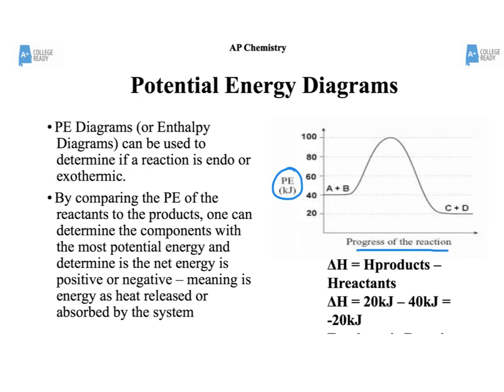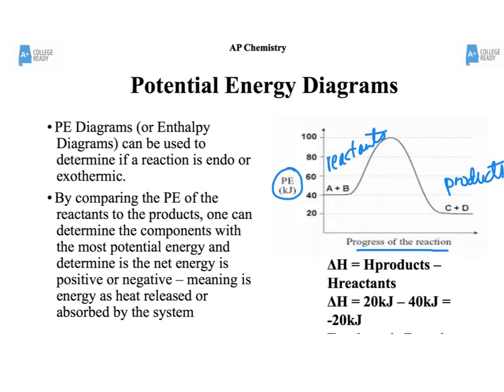What do we start with when we are beginning a reaction? Well, these are the reactants. And over here, these are the products. Now, what's happening here in the middle? That's the progress of the reaction.